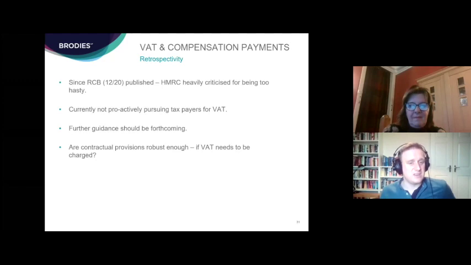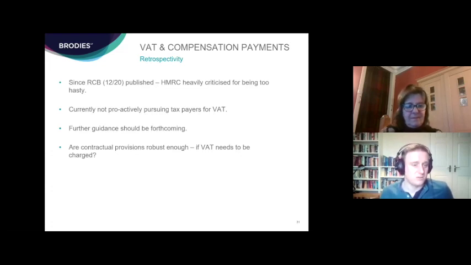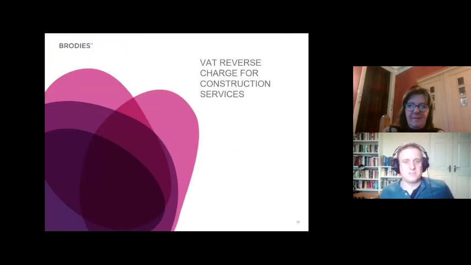The main takeaway then is for payments or contracts you're negotiating now, have a look at the contractual provisions underpinning them if they are underpinned by contract. Are they robust enough? Do they allow you to charge VAT to your customers if VAT turns out to need to be charged? Okay, back to Isabel for more confusing VAT with the reverse charge.